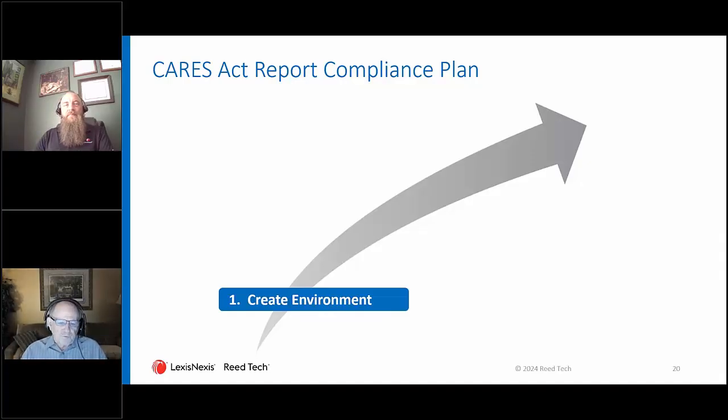One is to create that environment, meaning make sure you have the stakeholders coming from regulatory as well as manufacturing. So this is going to be a team effort, and not all the information is in one department or the other. There has to be some synergy between the two departments for this particular report to be generated.